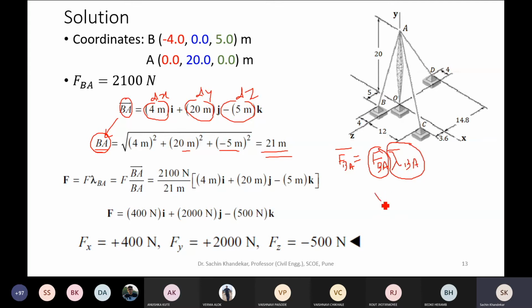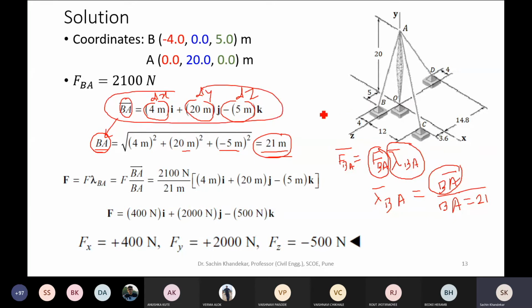Now what is this lambda bar BA? Already I told you, lambda bar BA is nothing but the line vector BA divided by its magnitude. Now what about this magnitude BA? It is 21 meter, correct. And what is BA bar? This one. This I will substitute here. So here I have written the expression, right?